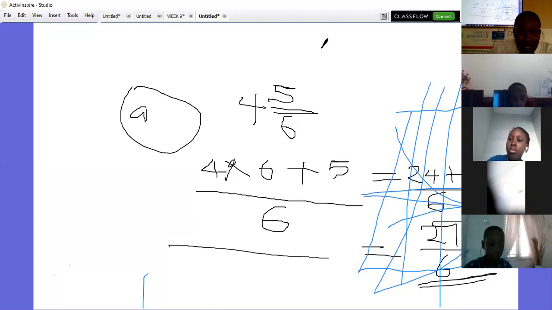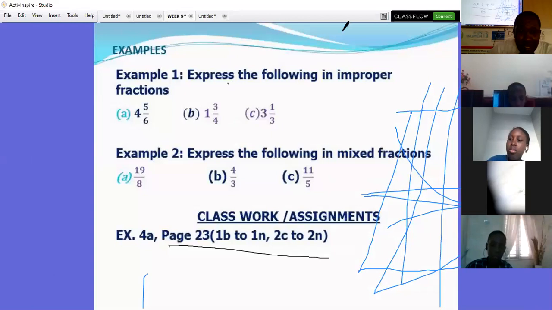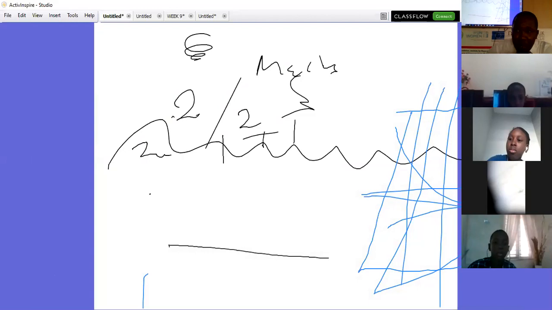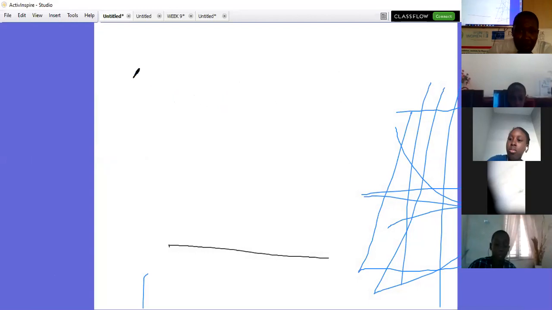So let's look at the second one. 1 whole number 3 over 4. The second question is 1 whole number 3 over 4.